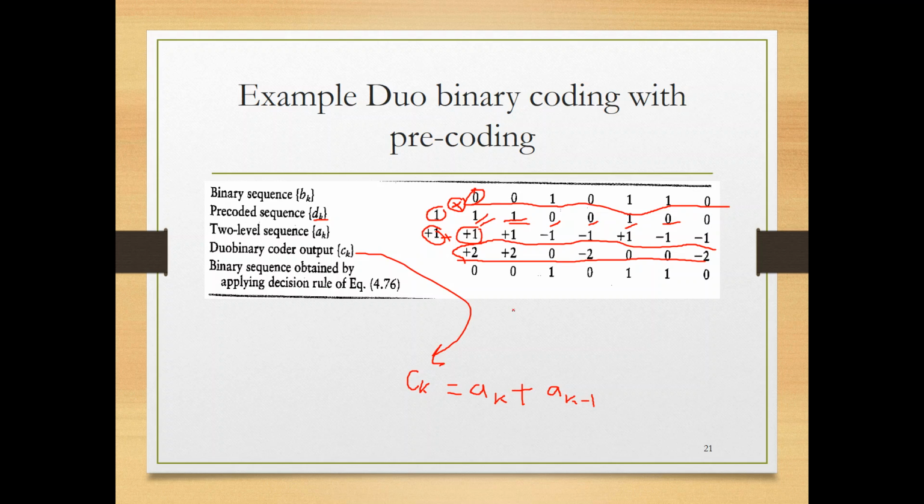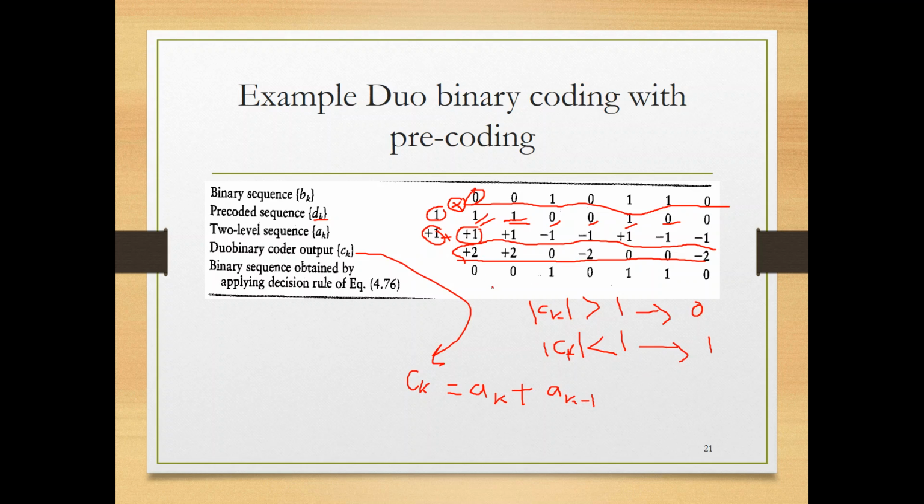You tell me the decision rule says that if the magnitude of CK is greater than 1, then what I transmitted is 0. If the amplitude of CK was less than 1, then what I transmitted was 1.